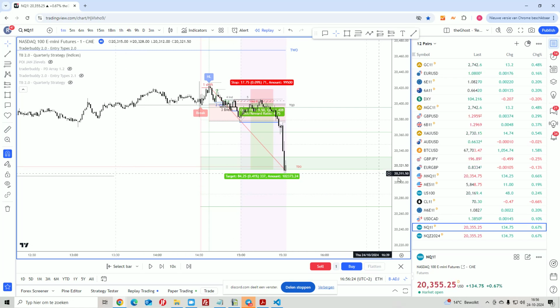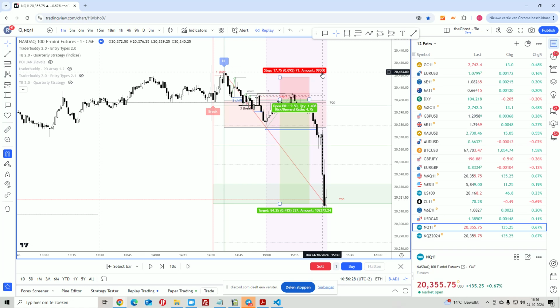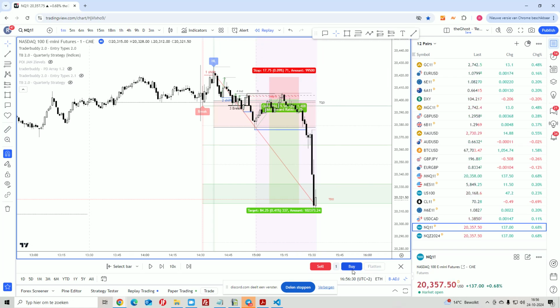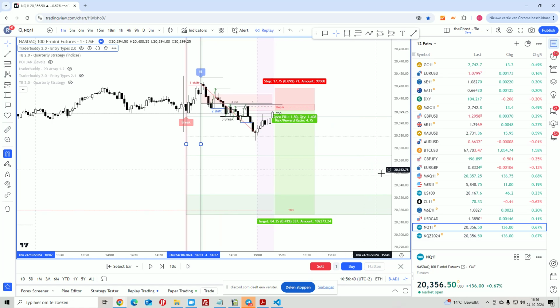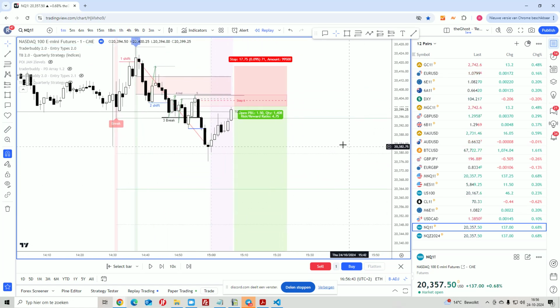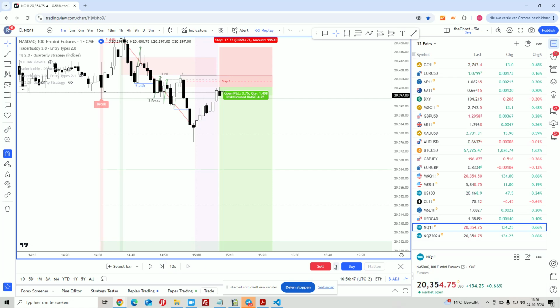Because I don't know if we risked 500 euros. Oh, I wanted to press the button. Let's see if these numbers are correct. Where was our entry? Over here. No, entry was on the touch of the order block, which is there.